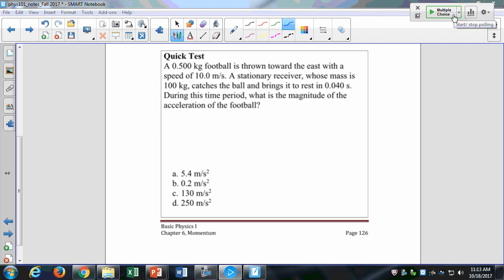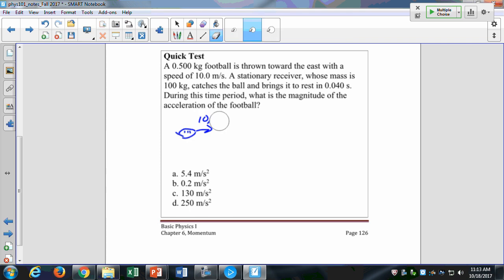Okay, first of all, let's just draw a picture. Let's think about what we got here. We got a football traveling along at 10 meters per second. Then you got a guy over here who catches it, and in 0.04 seconds, that football comes to rest.